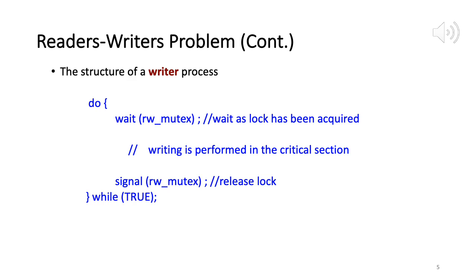It does the write and then releases the lock. If the lock is not available, which means it's been acquired by some other process, then obviously this will have to wait. And when that process does a signal on read write mutex, then this can get in. So I think the code for the writer process is quite simple.